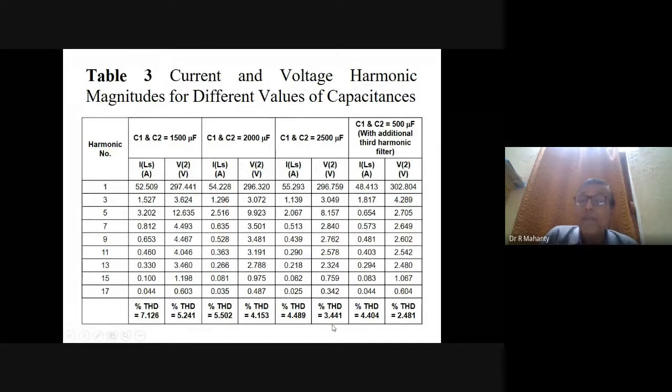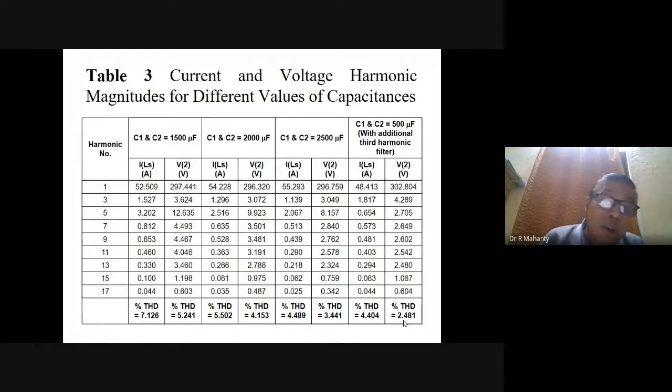And if C1 and C2 are 500 microfarad with an additional third harmonic filter, in that case you require an even smaller value of capacitor. A capacitor value of the order of 500 microfarad gives a current THD of the order of 4.4% and a voltage THD of the order of 2.48%.